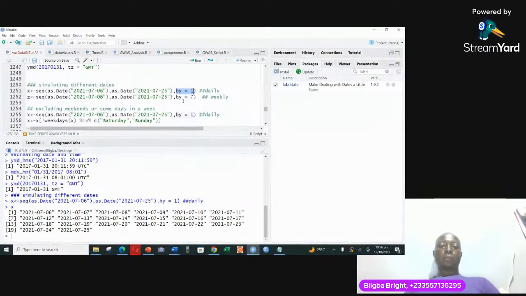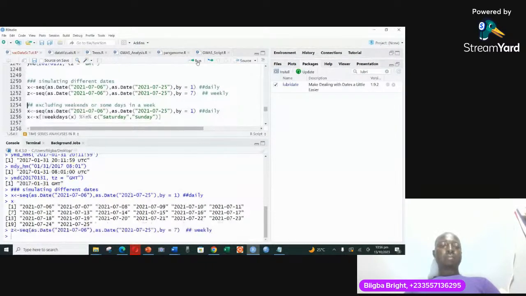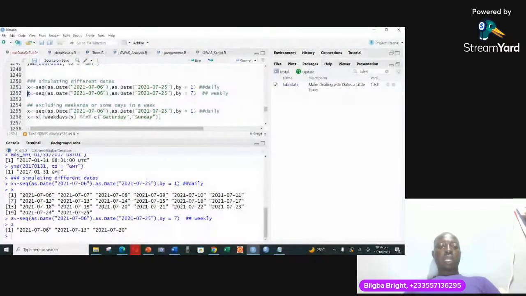So if I do that, for instance, let me run the second line, and then you see what I've done there. If you print that, you see that the date will be a little bit different from the first one. We are simulating the date from July 6th, 2021 to July 25, and we are saying by 7.